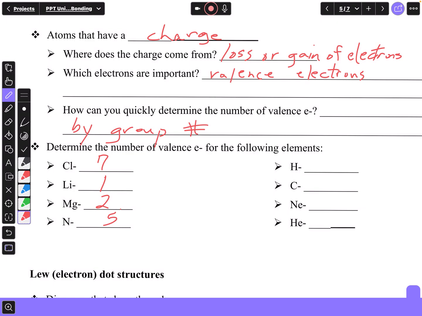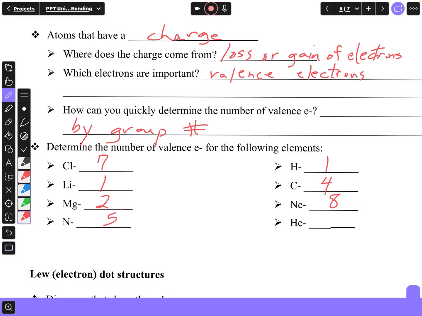Hydrogen's in group 1A, so it has 1 valence electron. Carbon is in group 14, or group 4A, so it has 4. Neon is in group 18 or 8A, so it has 8.